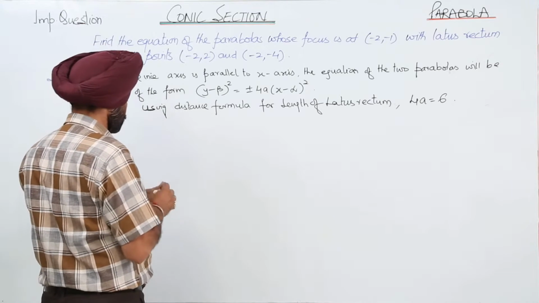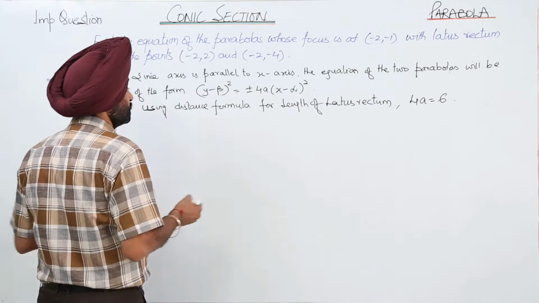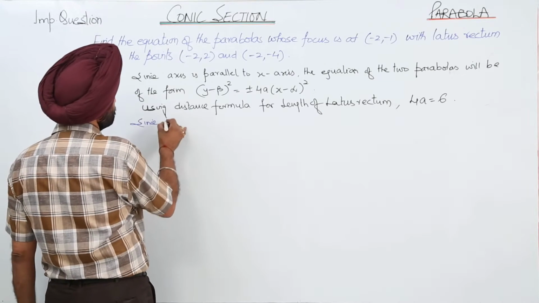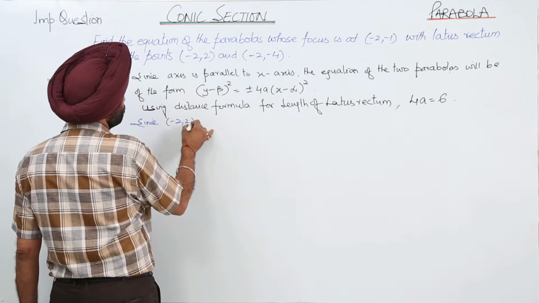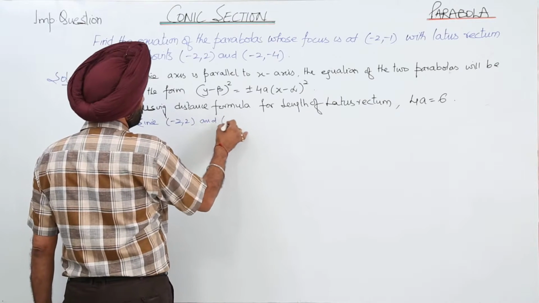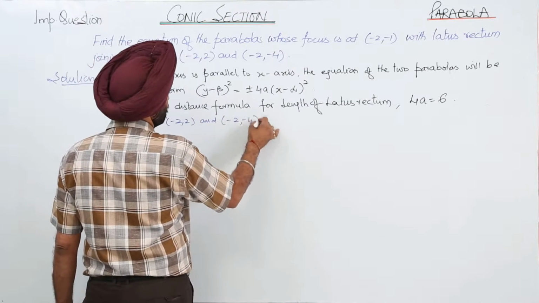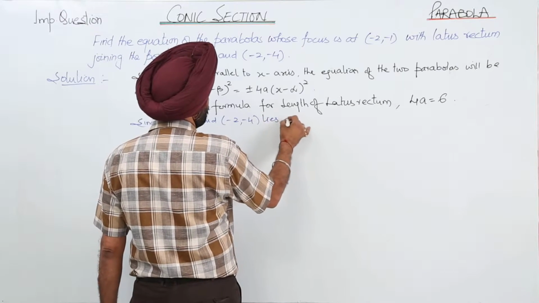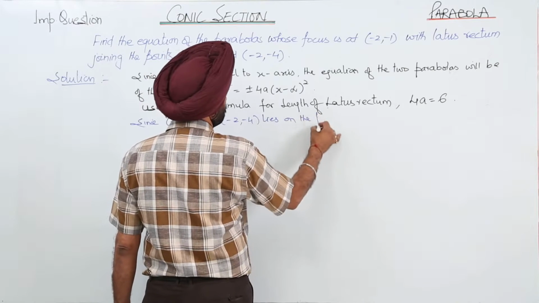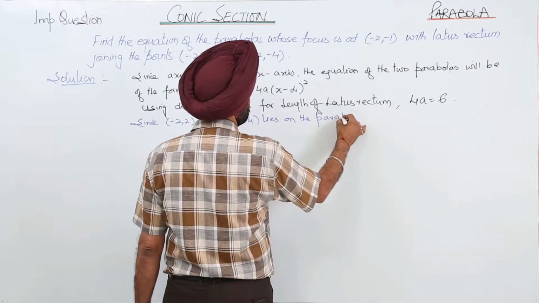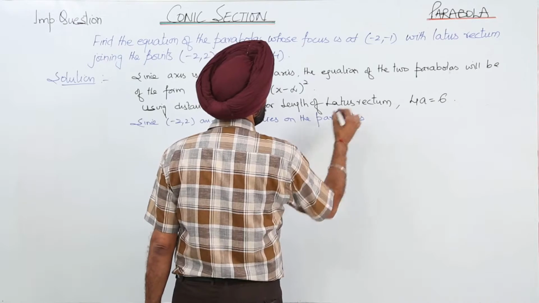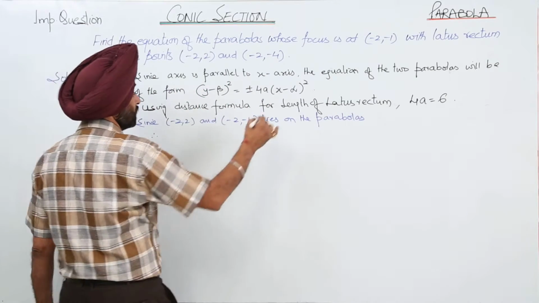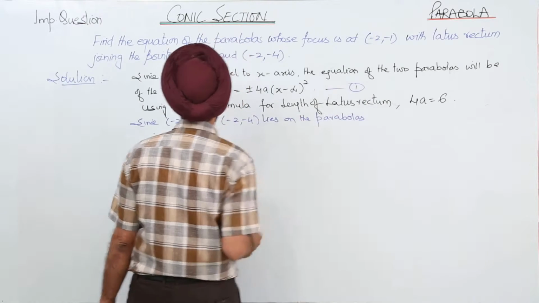Now, since (-2, 2) and (-2, -4) lie on the parabolas, let this be equation 1.